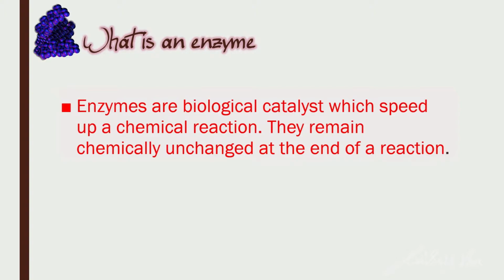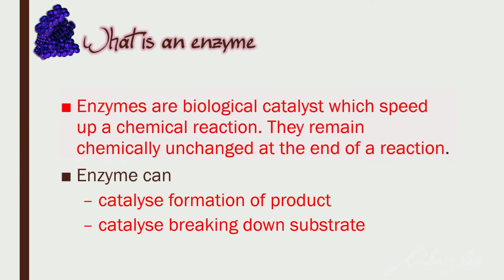So please take out your notebook and copy down the definition of enzyme. Enzymes are biological catalysts. A catalyst is a substance that speeds up chemical reactions. They remain chemically unchanged at the end of the reaction.